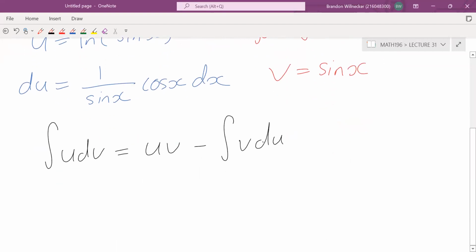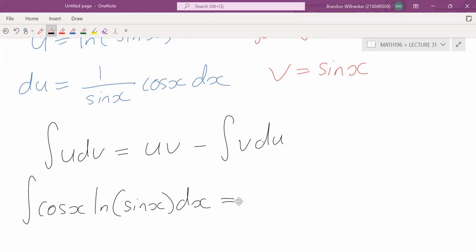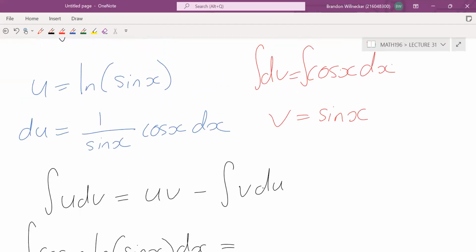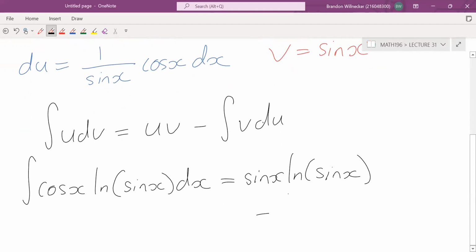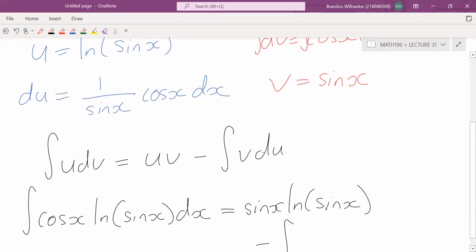So the integral of u dv, that's what we started with. That was cos x, the natural log of sine x dx. That's the thing we're trying to find. u times v is going to be sine x, the natural log of sine x, minus the integral of v du.